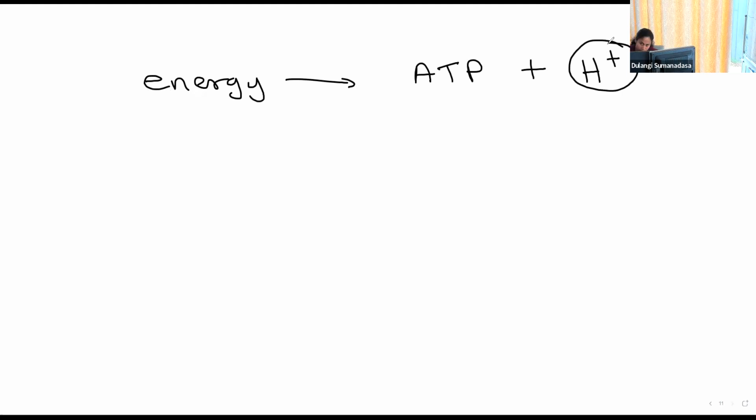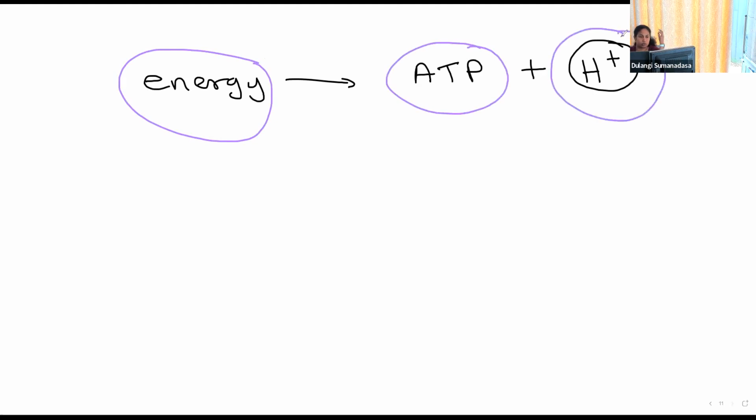Write this down somewhere. So the energy is in the form of ATP, the most usable one, as well as the high energy protons, which come from the water.